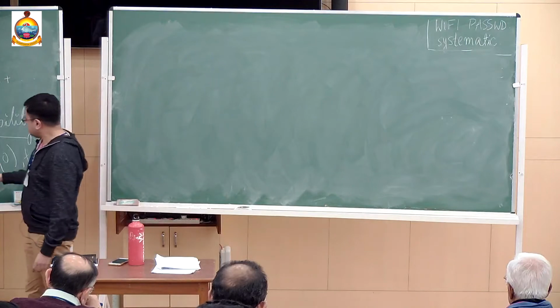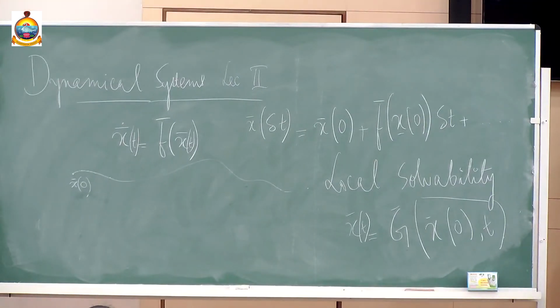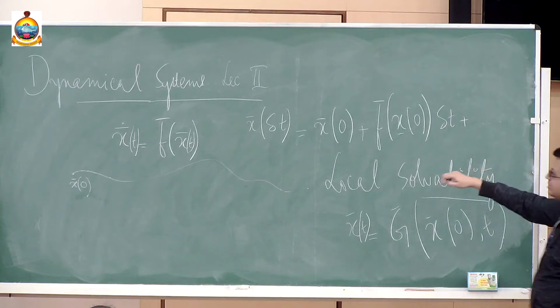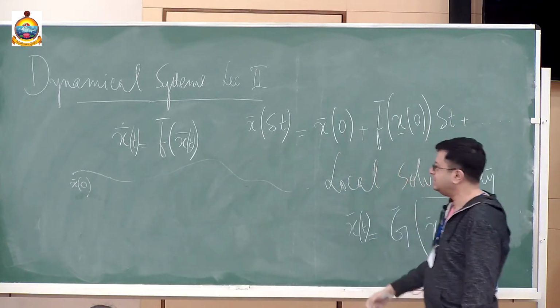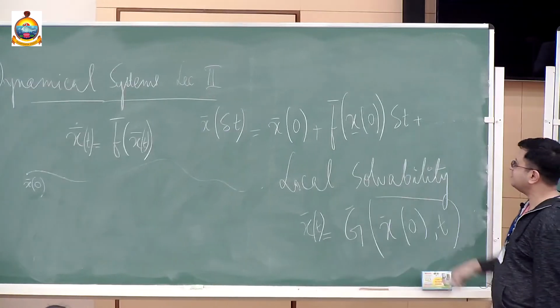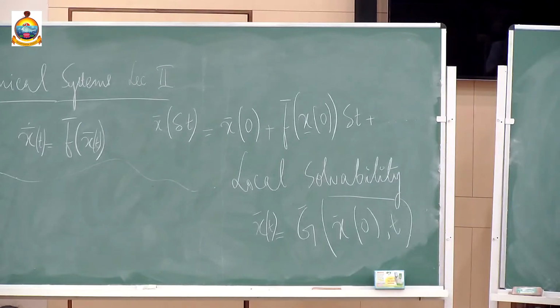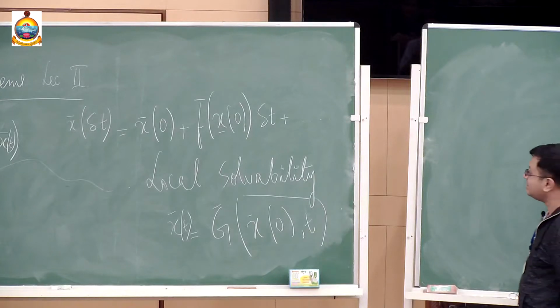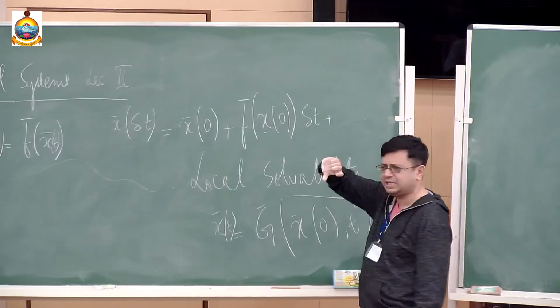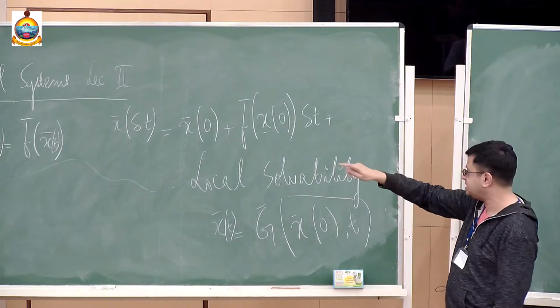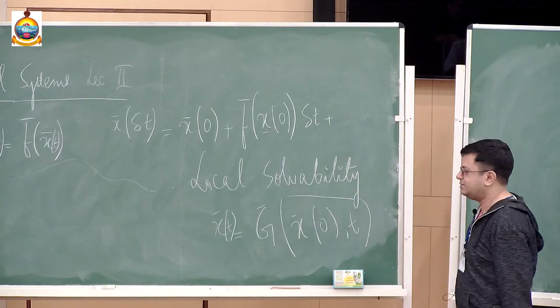So let's come back to, we saw that this integrability is in general not possible for general f of x. Now let's come to this point of solvability. So I said that given a point x of 0, I can find out where the system is going to be after a small time delta t by doing this Taylor expansion, and I should be able to do it provided I find delta t sufficiently small that I can neglect higher order terms.